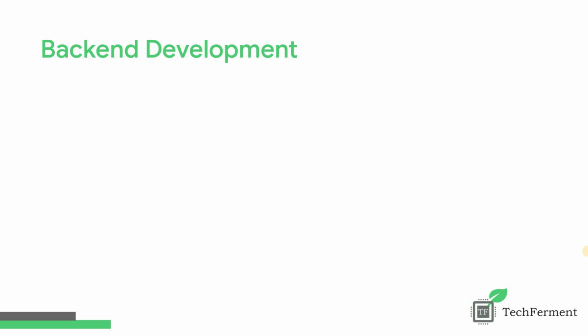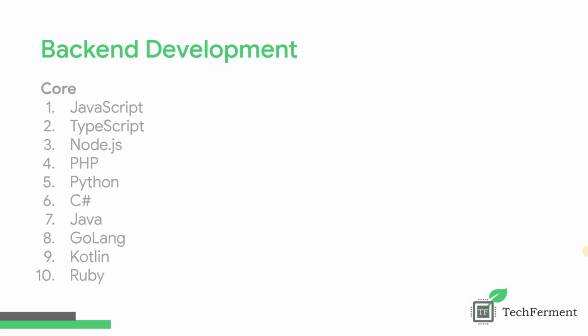If you want to start your career in backend development, first you need to work on core languages like JavaScript and TypeScript. And also you can go for Node.js. Basically, you have to work on REST APIs, and with the help of Node.js, you can create REST APIs. And there are also older languages.